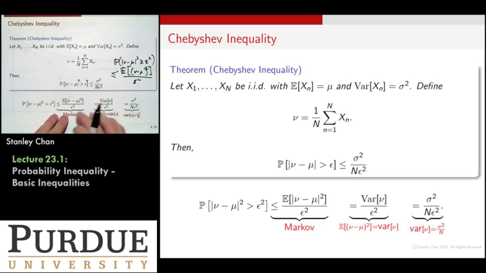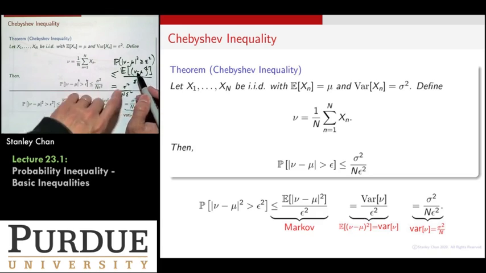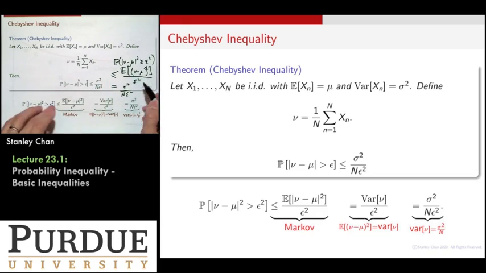Okay, so that is the Markov inequality, and then the numerator will become sigma squared because that is just the random variable itself, and then in the denominator you have n epsilon squared. The n will come from the sample average. Okay, because the variance of nu is the expectation of nu minus mu squared.